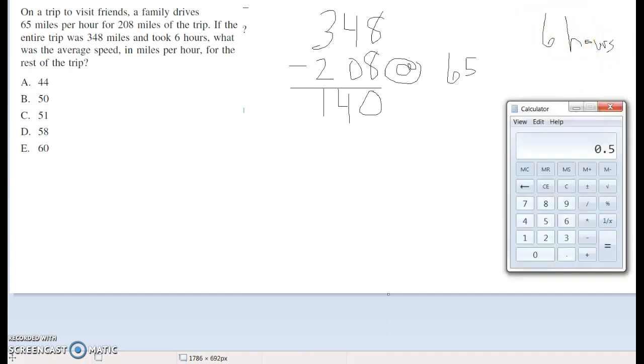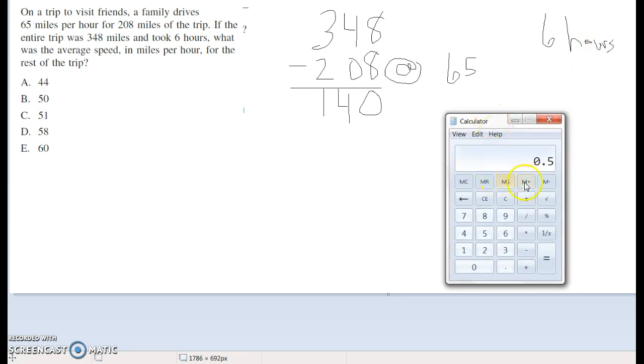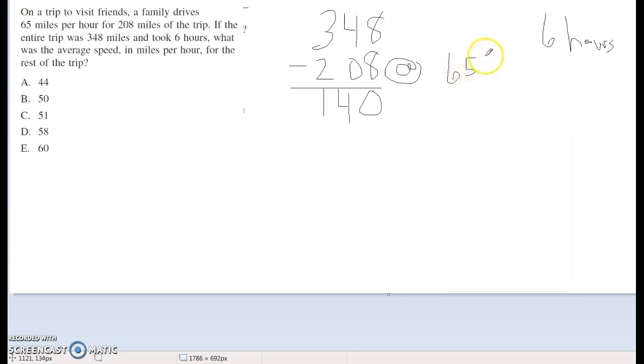Now I'm going to get my calculator and show you what we're going to do here. Really, really simple math. If we went 208 miles at 65 miles an hour, we have to figure out how many hours that was. So that was 3.2 hours. So it took us 3.2 hours to go the first 208 miles.